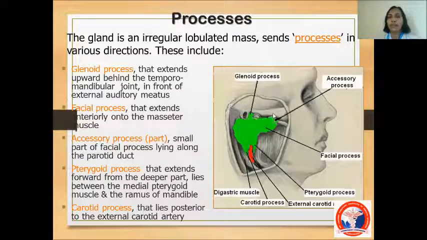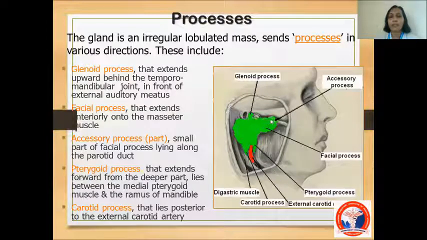The glenoid process is the part of the gland which extends upwards behind the temporomandibular joint. Here we can see it. It lies in front of the external auditory meatus. The facial process extends across the face anterior to the masseter muscle. This is the masseter muscle.